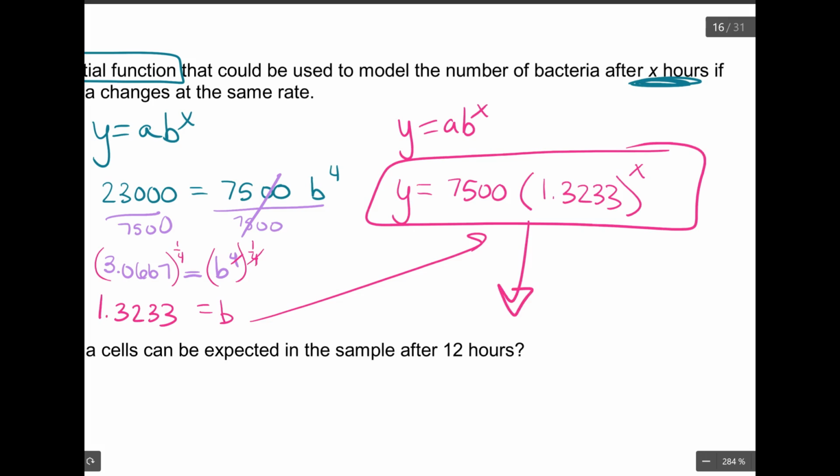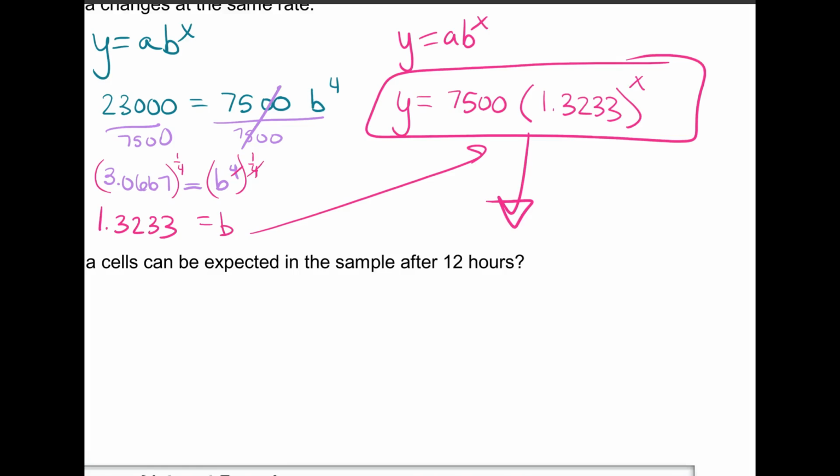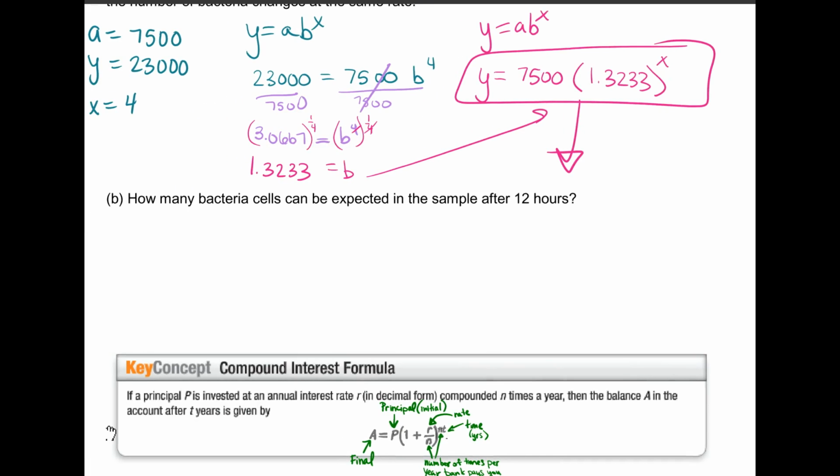I can come down to part B, where it's wanting the number of cells after 12 hours. How do I find the number of cells after 12 hours? Exactly. I'll set X equal to 12. So Y is equal to 7,500 times 1.3233 to the 12th power.